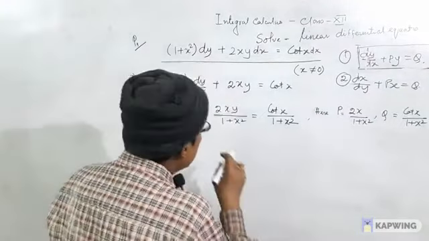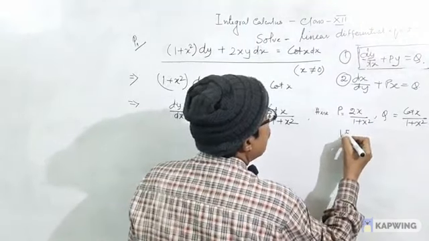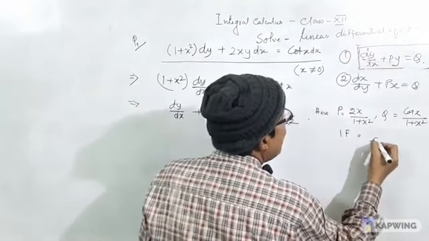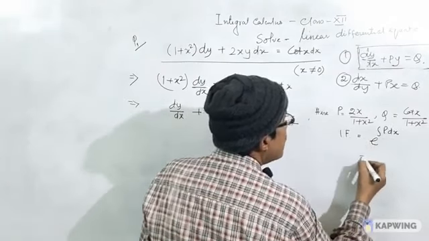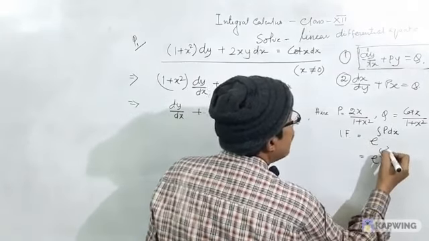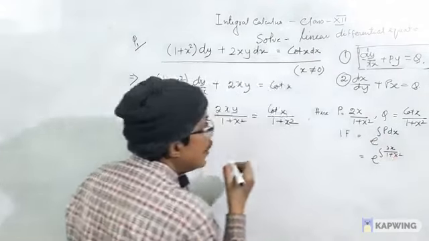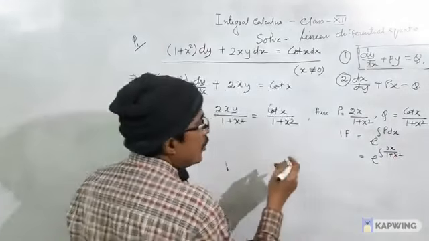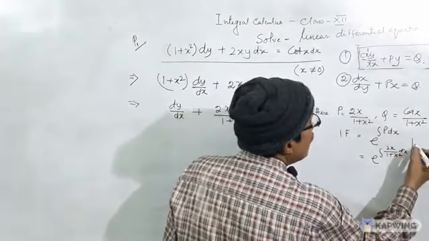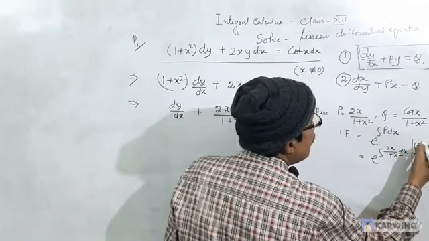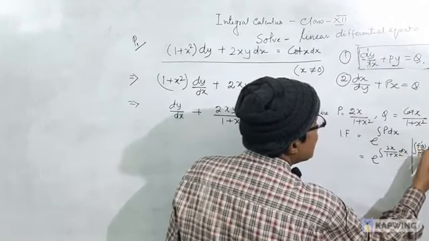Now, the integrating factor is equal to e to the power integral of p dx, which is e to the power integral of 2x upon 1 plus x square dx. It is in the form integral f dash x upon f x dx.